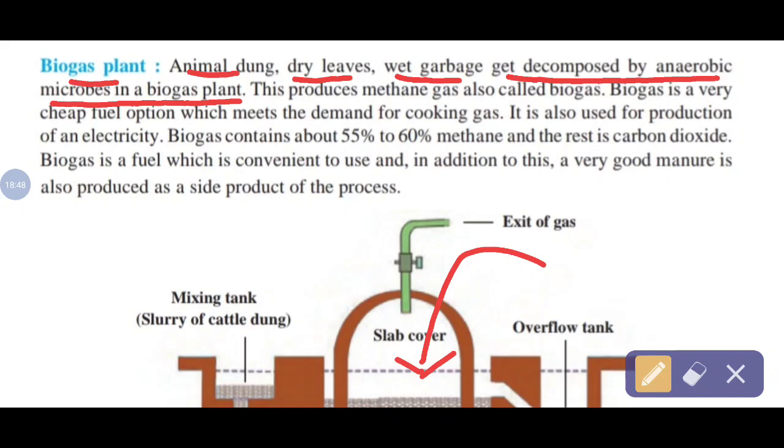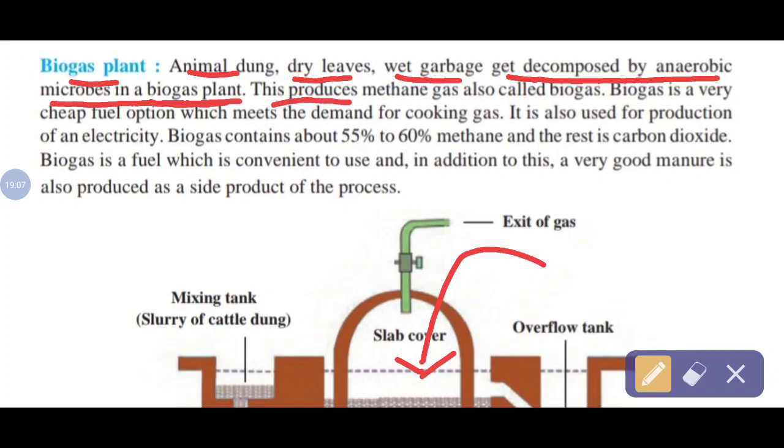Anaerobic microbes means these microbes do not require oxygen. In the absence of oxygen, these microorganisms are alive and perform some process in this biogas plant.